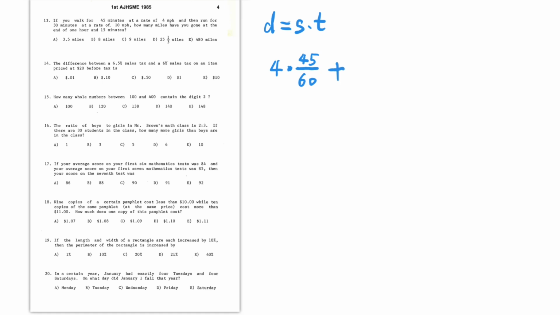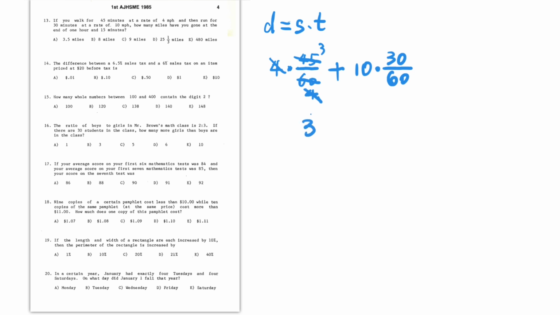And then another 30 minutes at the speed of 10 miles per hour times 30 minutes, converted to hours, over 60. Now we can cancel 15. That's the 3. That's the 4. 4 cancels 4.